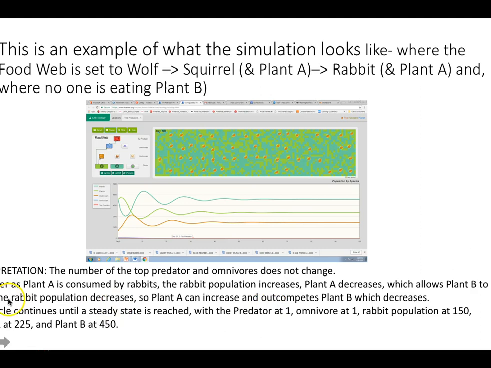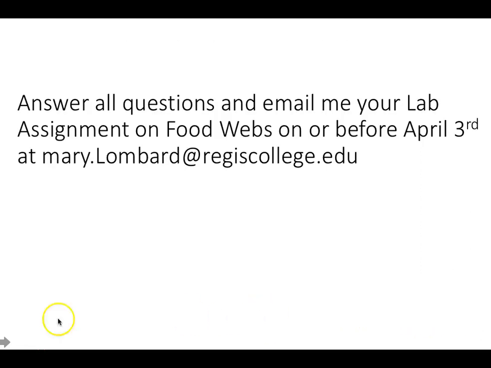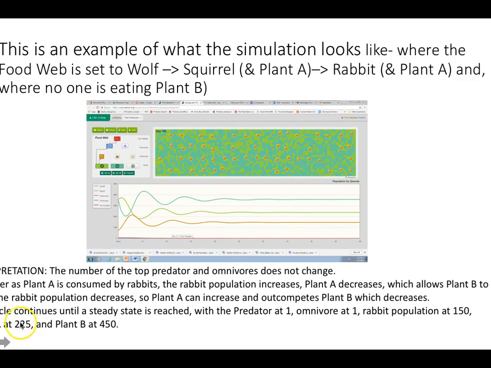Okay, then the rabbit population decreases, so plant A can increase, and it will outcompete plant B, which decreases. The cycle continues until a steady state is reached with the predator at 1, omnivore at 1, the rabbit population at 150, plant A at 225, and plant B at 450. So that's the type of information and interpretation that you're going to be doing.